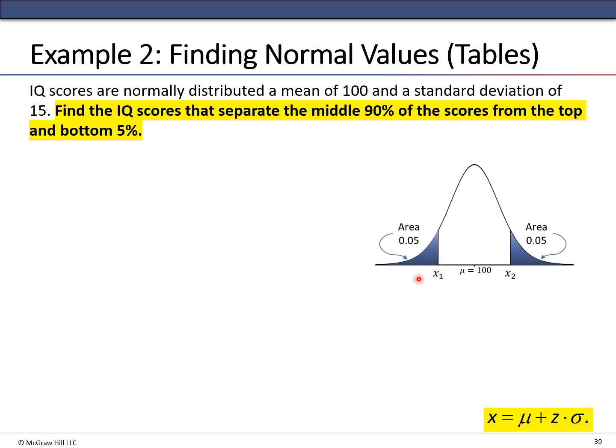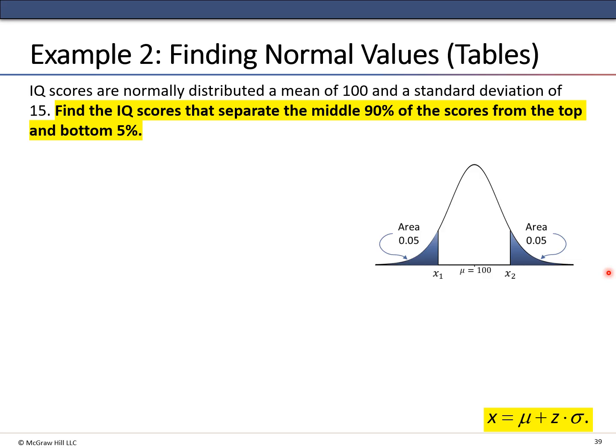And then we subtract the area from the z-score table of that lower value, because what we're doing then is finding just the white area. The area below x2 from table A2 is everything to the left, which would make this also white. And then we're going to subtract out that area so we only get what's between the two black tails.